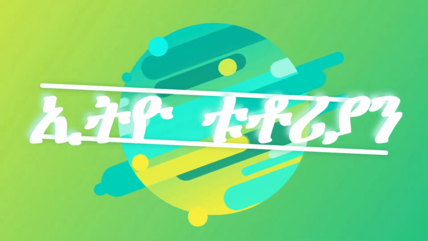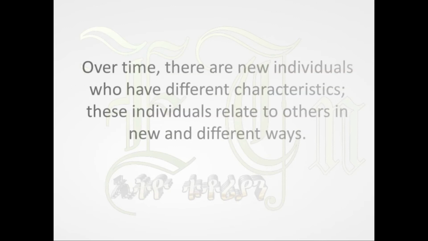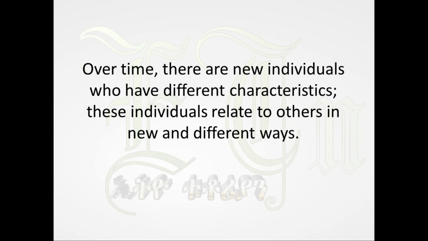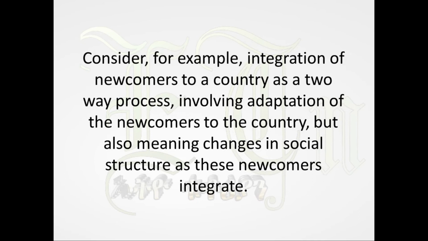There are always changed environmental, social and economic conditions, along with new technologies and processes. Over time, there are new individuals who have different characteristics. These individuals relate to others in new and different ways. Consider, for example, integration of newcomers to a country as a two-way process, involving adaptation of the newcomers to the country, but also meaning changes in social structure as these newcomers integrate.